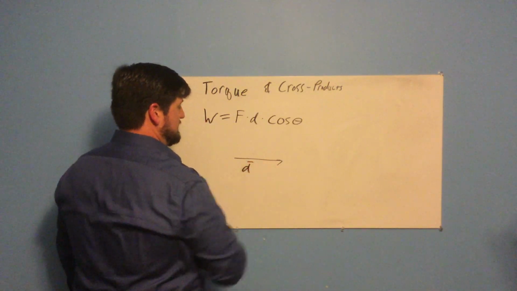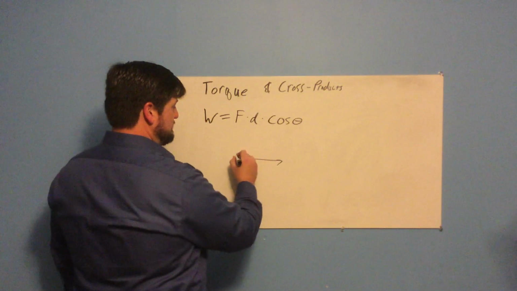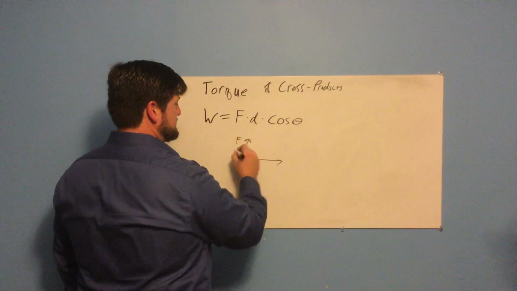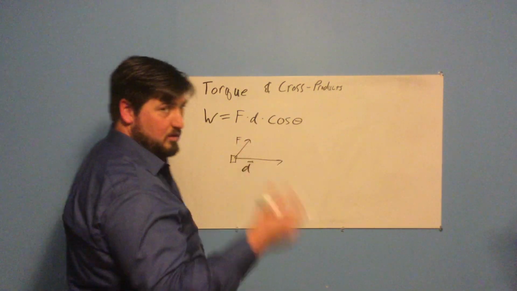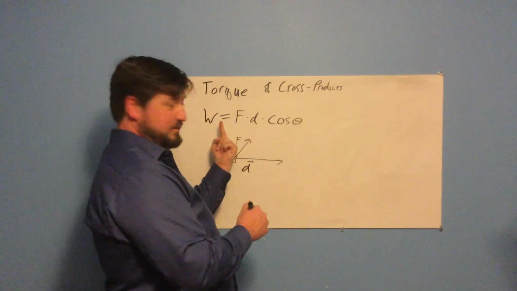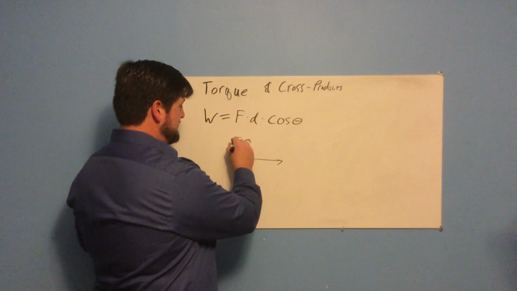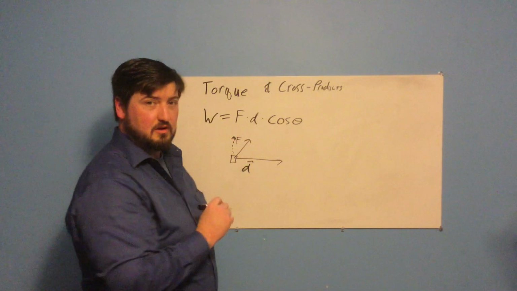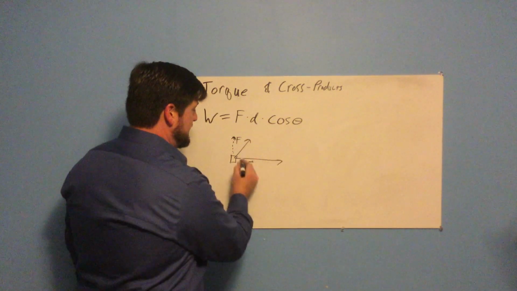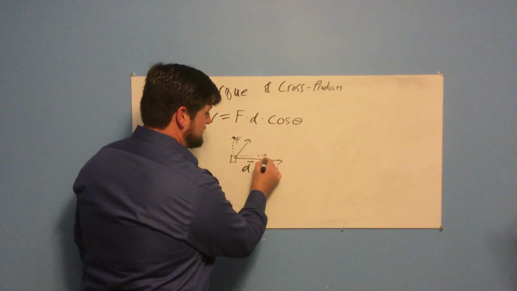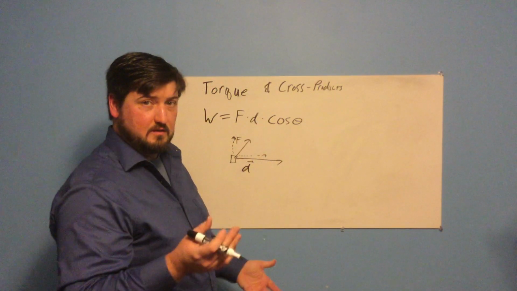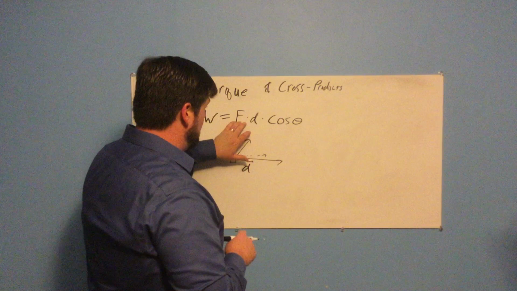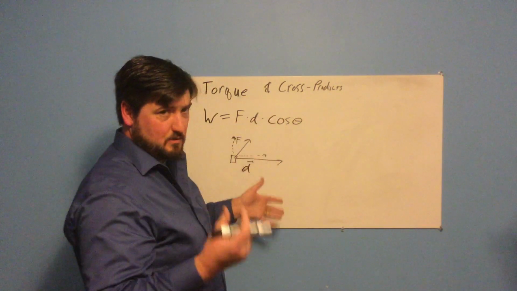But if you're actually pulling with a force like this on the object, the force that was done this way didn't move it at all, so it did no work. The only thing that actually made this object move was the force exerted in that direction. So that's what a dot product does for you. Force times distance times cosine theta was our work.